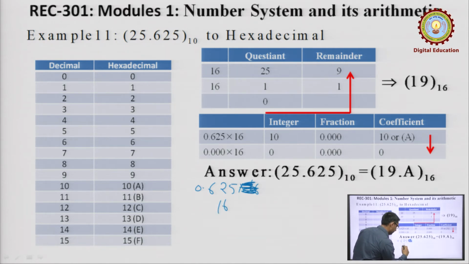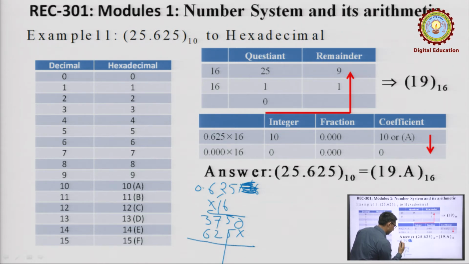6 fives are 30, 6 twos are 12 plus 3 is 15, 6 sixes are 36 and 37. Then 6 2 5, because the multiplier is 1 now. Then 0, 0 5 5 10, again 0 9 10 10 and 11.